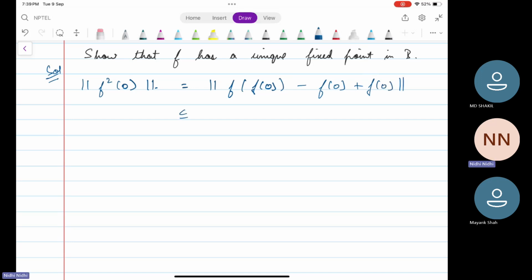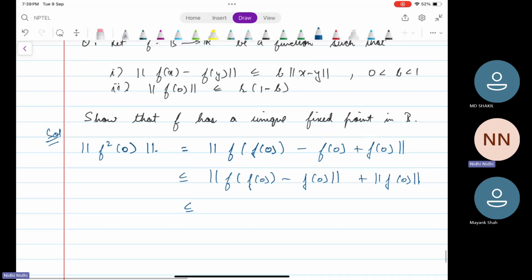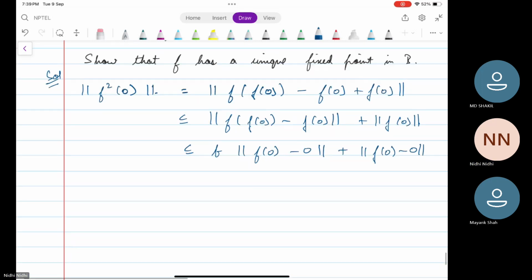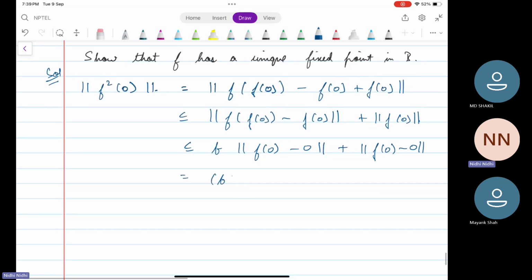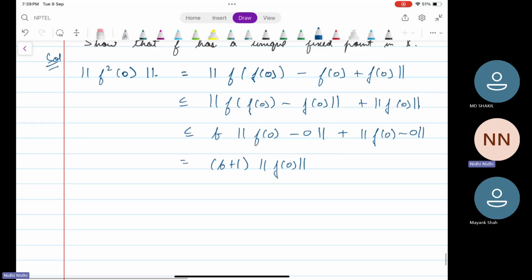So this will be less than or equal to norm of f(f(0)) minus f(0) plus f(0). So by the first condition, this is less than or equal to b times norm of f(0) minus 0, and this is also norm of f(0) minus 0. So this is (b plus 1) times norm f(0).